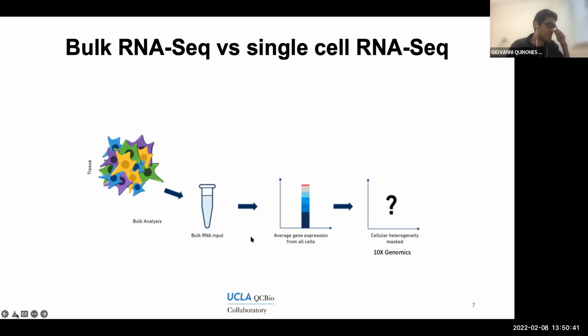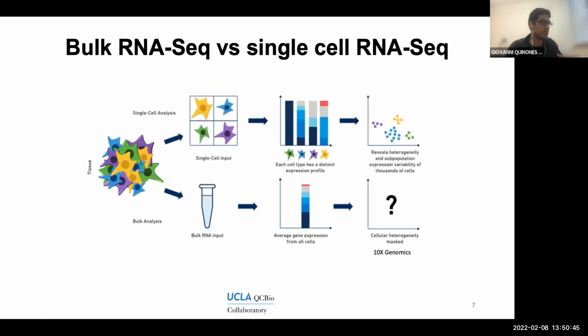So enter single cell RNA sequencing, which is the process by which we first try to isolate individual cells that come from this tissue, and then we analyze individual cells separately. In this diagram, we can see that for the different cell types, we obtain some features, some data that is unique and different across cell types.